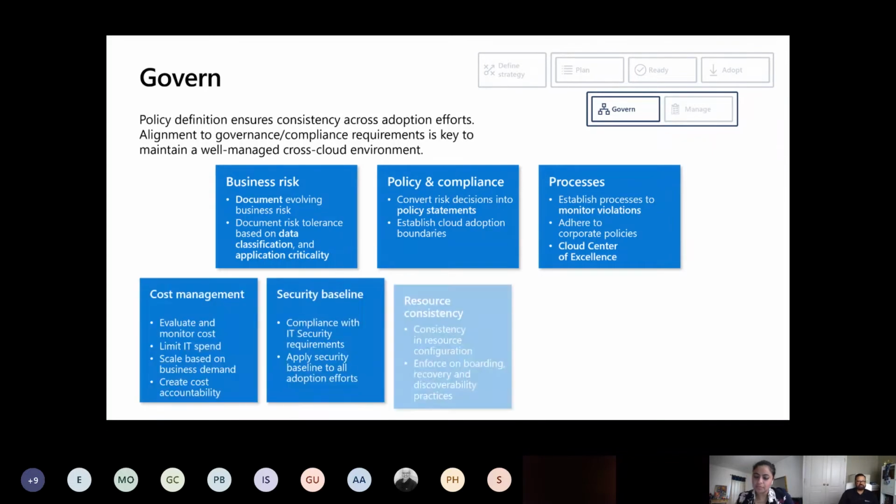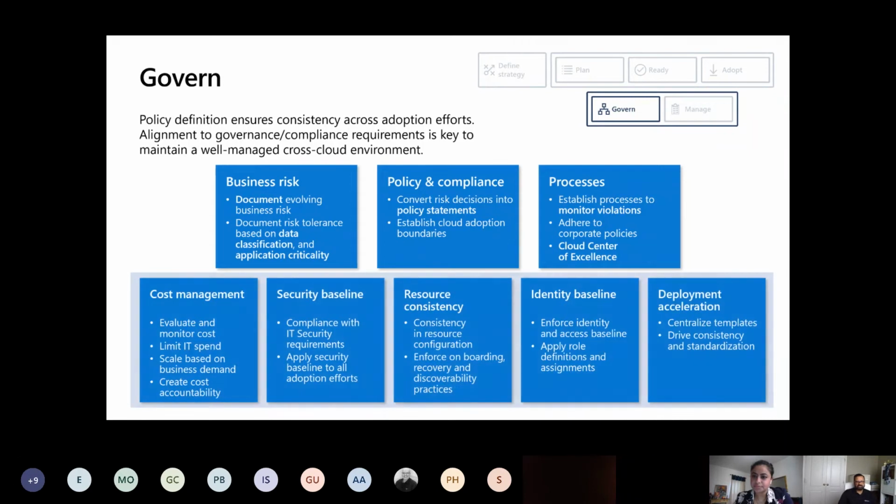And from a cloud perspective, there are five disciplines that we use to cater to all these. Some of those buckets here show how we address those risks, pretty much from cost management or security, which you all know are self-explanatory. Then you have resource consistency. We want to make sure that everything you deploy is actually following certain standards.